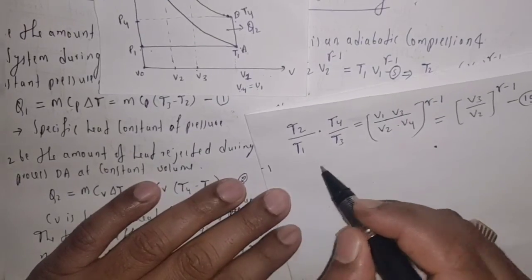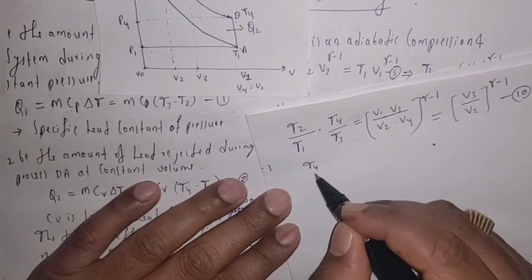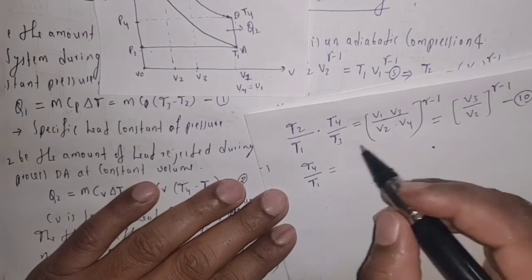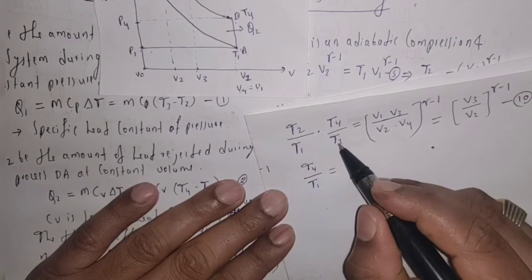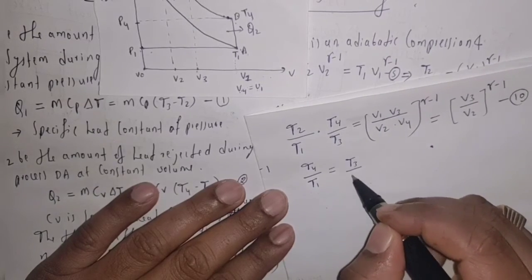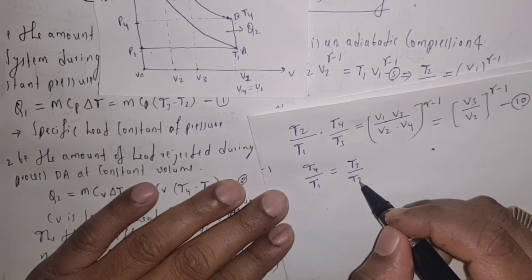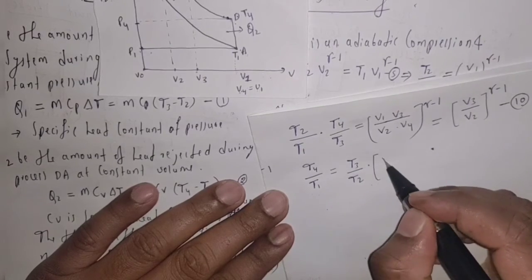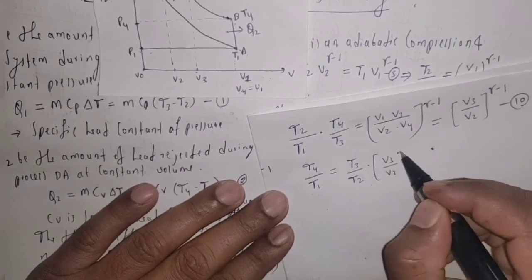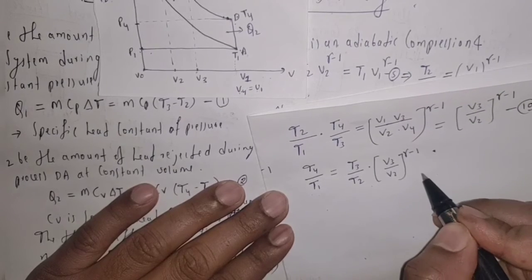In this equation I am going to write T4 by T1 is equal to, here I am going to interchange the terms, that is T3 by T2 into V3 by V2 whole power gamma minus 1.